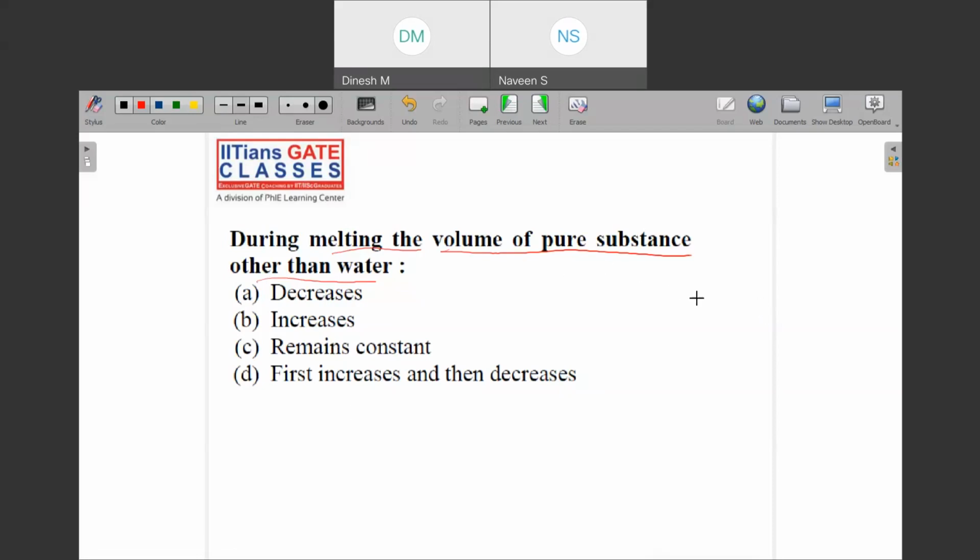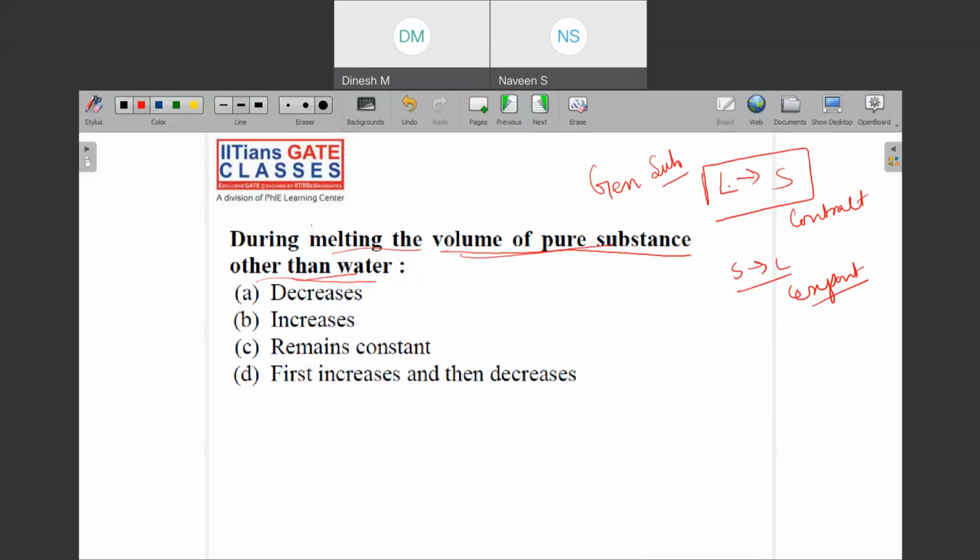We have seen now for general substances, from liquid to solid they contract, right? And solid to liquid they expand. So if you melt, then you will expand. The volume will increase.